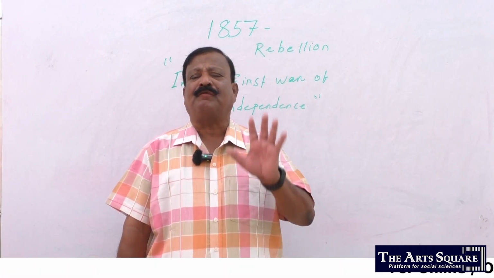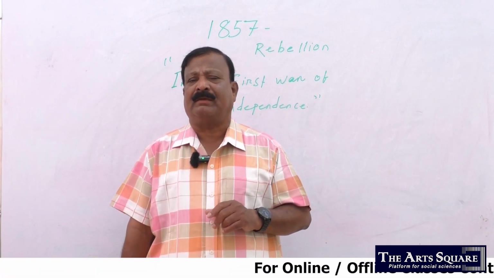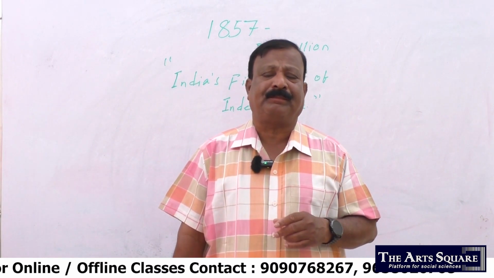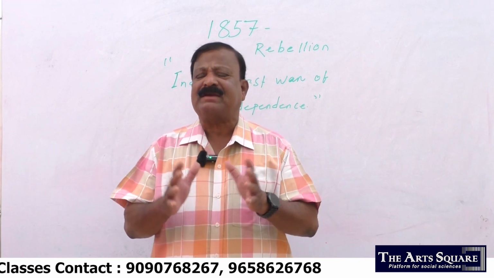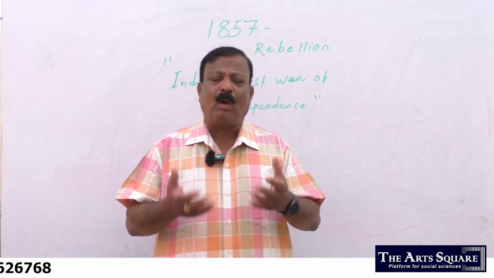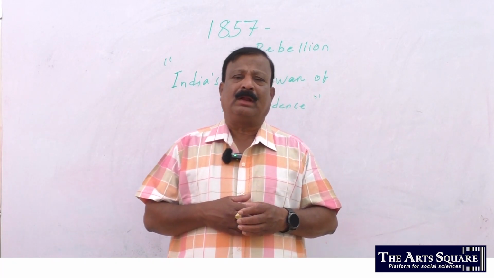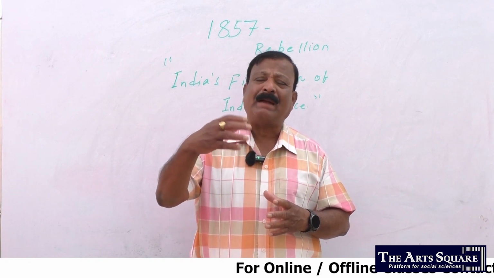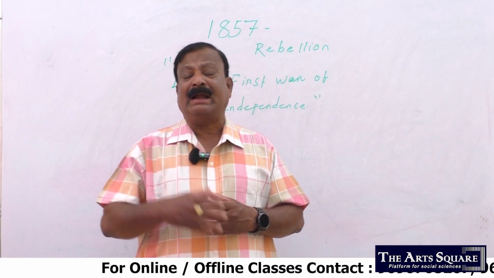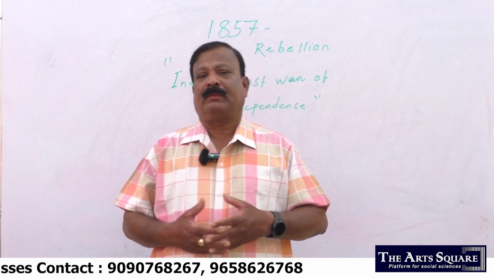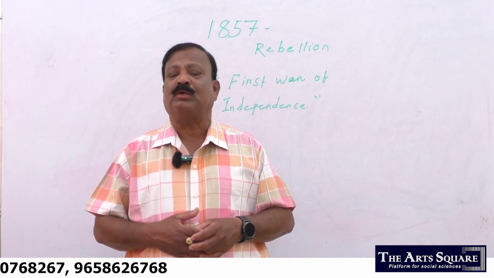So these are the four English personnel for which the British started 200 years of rule in India. So that is about the administrative structure, and now we shall discuss how the British extended one kingdom after another, and it became a vital cause for the 1857 revolution.